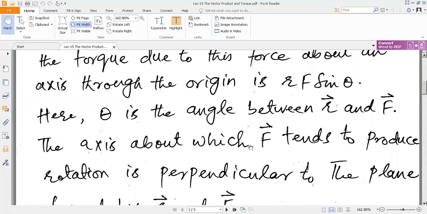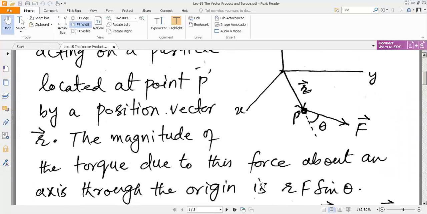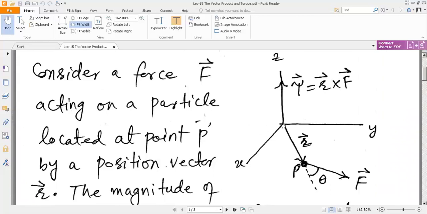The axis about which F tends to produce rotation is perpendicular to the plane formed by R and F vectors. As we clearly see here, this z vector is the one along which the torque is directed in either way. Means if the rotation is counterclockwise, then it is directed along the positive z-axis.